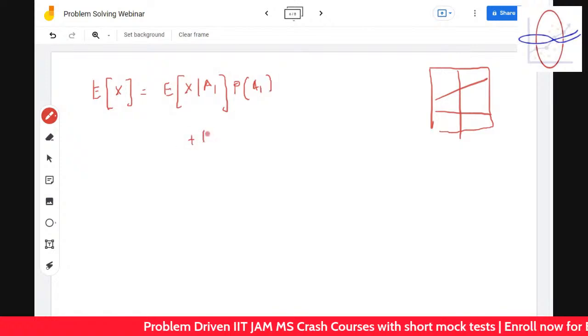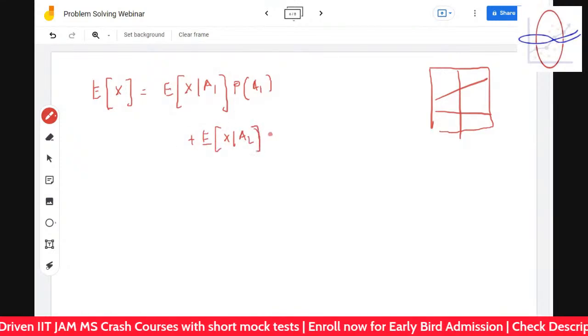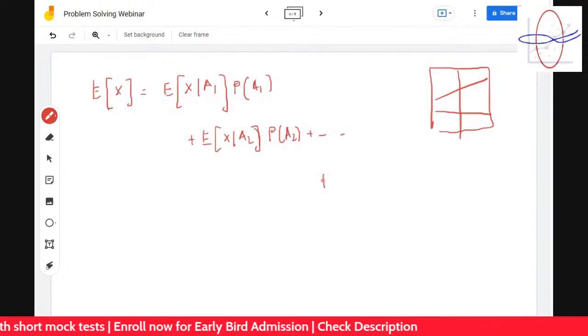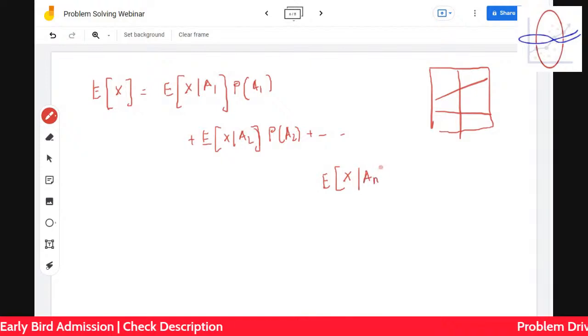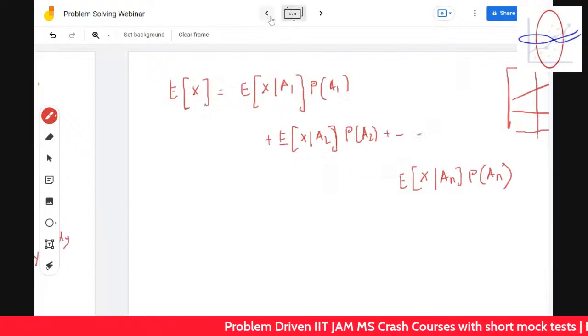I think this will be taught to you, or maybe has been taught. This is the law of total expectation.